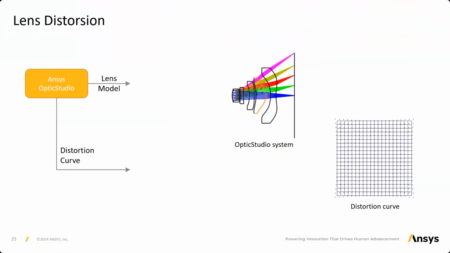Yeah, so now I'm going to explain what we did on our side. So first of all, we took a lens design done in Optics Studio, and from this lens design, we added the distortion curve. And we exported this lens design to Speos using our reduced order model.